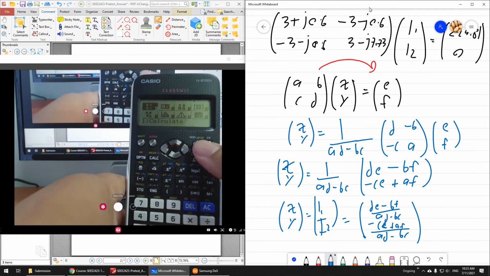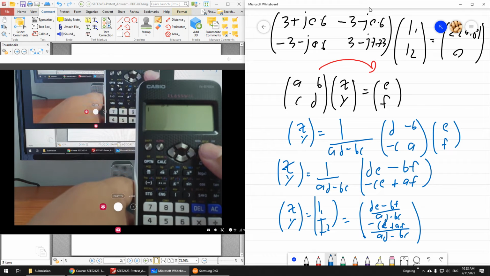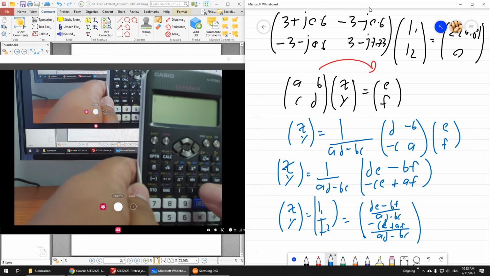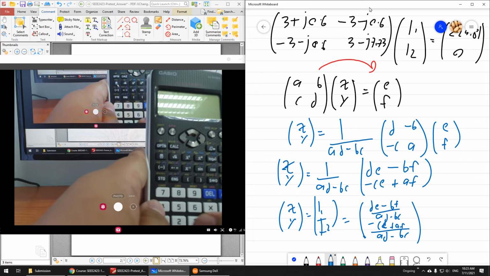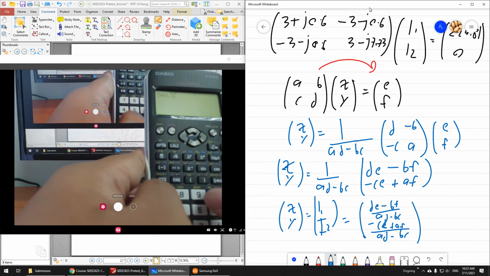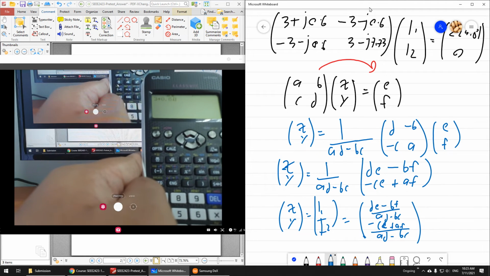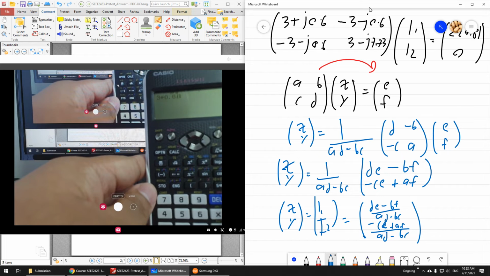So go into complex mode, and then you have to use the store function. So A is 3 plus 0.6i. Then click the store function, this one.